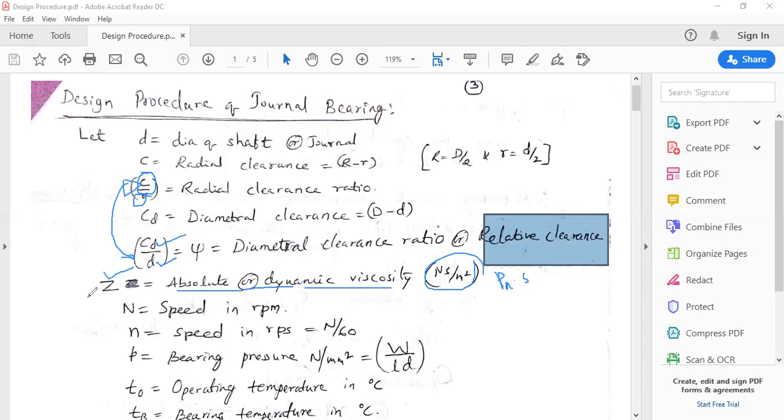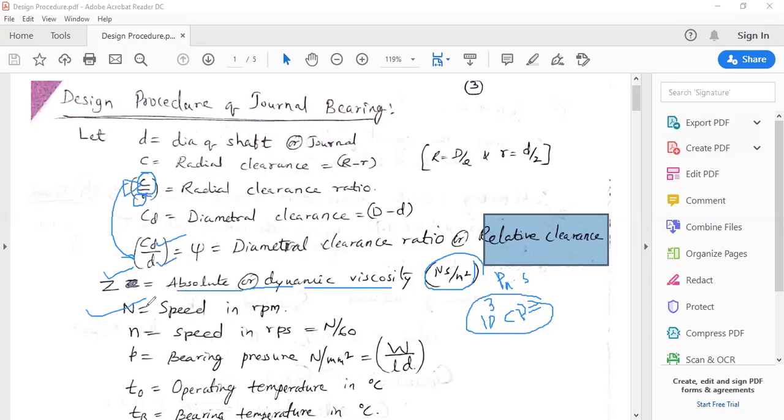This may also be given in terms of centipoise. Suppose it is in centipoise, then we have to multiply that value by 10 raised to minus 3 to get the value in Newton second per meter square. Centipoise is the notation usually used, so 10 raised to 3 centipoise is equal to 1 Newton second per meter square.